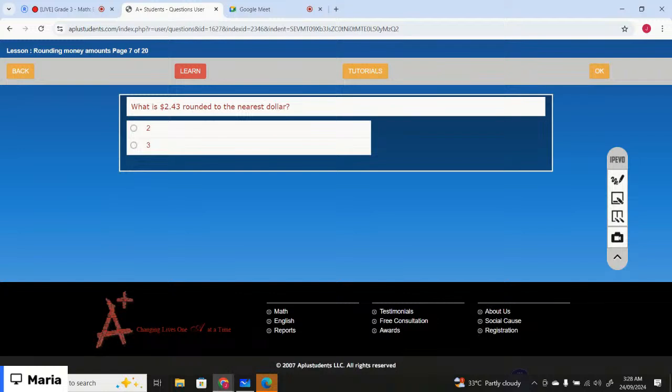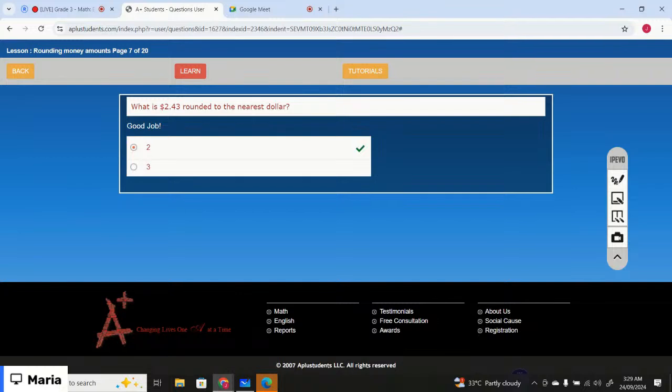What is $2.43 rounded to the nearest dollar? Very good. 2.43 is rounded off to 2. Option number 1 is the correct option.